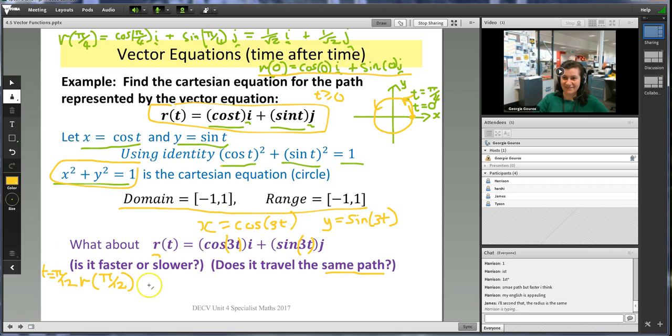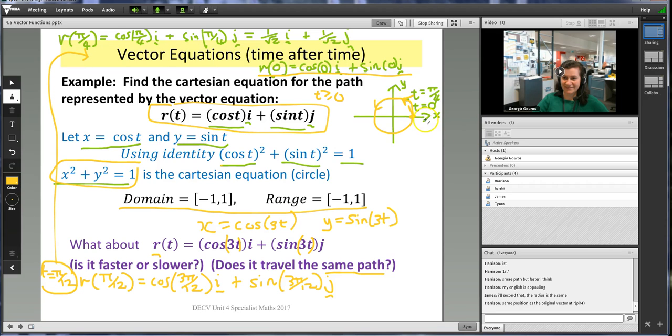It's going to be cosine of 3 pi on 12 i plus sine of 3 pi on 12 j. The radius is the same, but it's actually moving quicker because t equals pi on 12 is a smaller unit of time than pi on 4 up here.